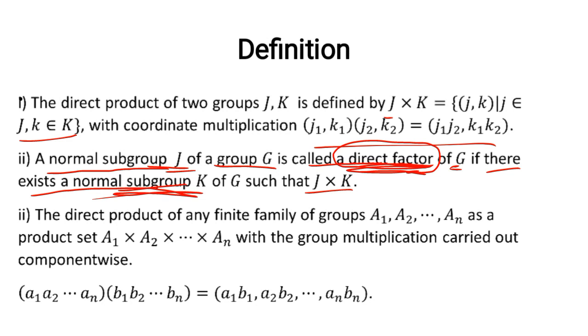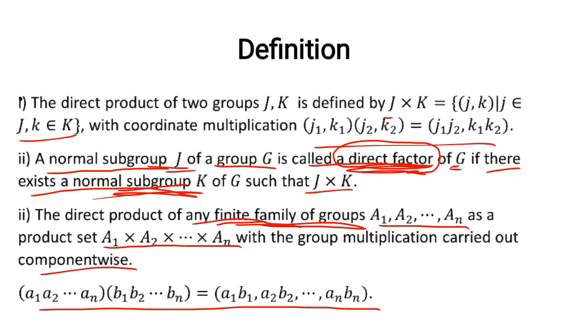The next you need to know is what we call the direct product of any finite subgroups. So if you have a finite number of subgroups, say A1 all the way to An, and you're told to define its direct product, it is simply the product of this form with group multiplication carried out component-wise as this, okay?